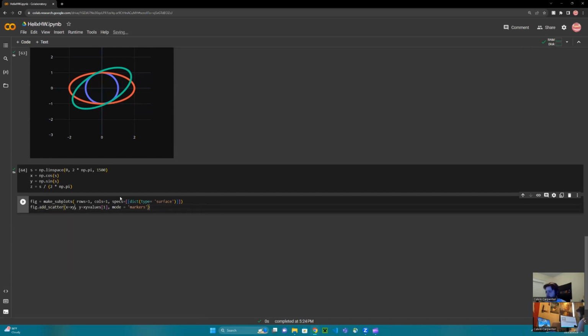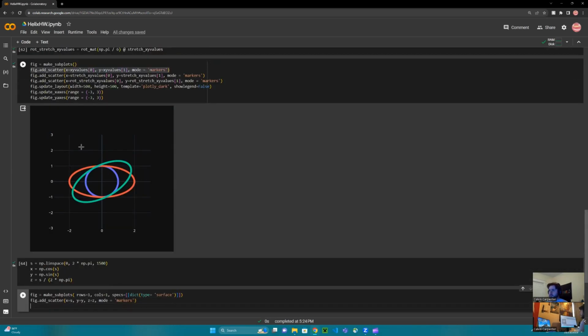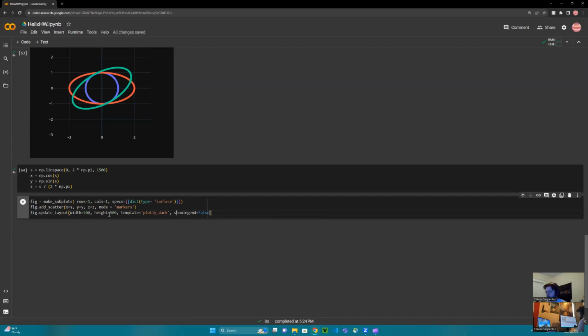X is going to equal X. Y is going to equal Y. And then Z is going to equal Z. And then let's expand it a little bit. Maybe do 750 by 750.